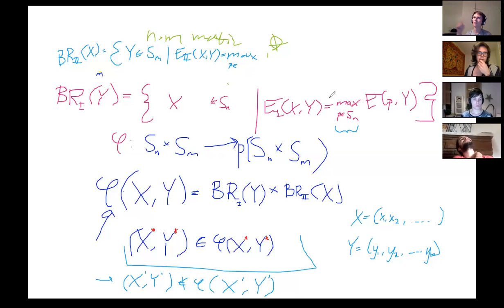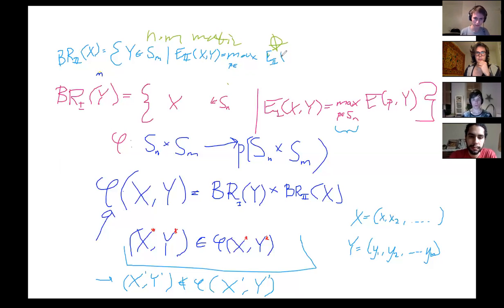So I mean, it's in the maximization. One could say that you consider all possible responses that X could do and take the best of them. Yeah. But we always only consider single inputs in the best response function. Yeah, that makes sense.